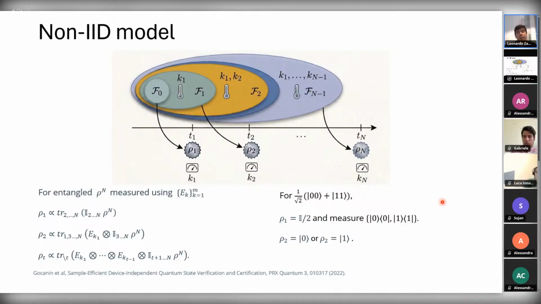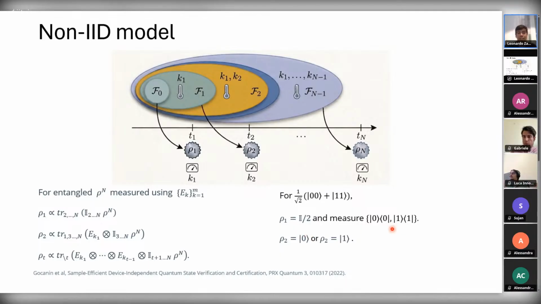Something I think is important to emphasize is that here we are not estimating properties of reduced density matrices. We are estimating properties of trajectories. So if we start with this state, for example, in round one, the statistics is going to come from this state, right?